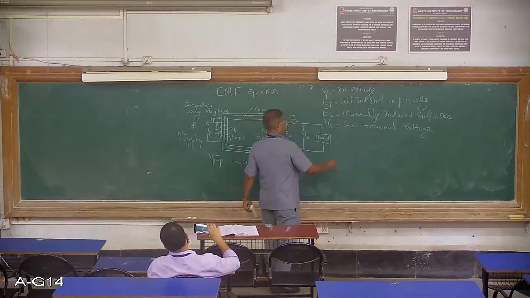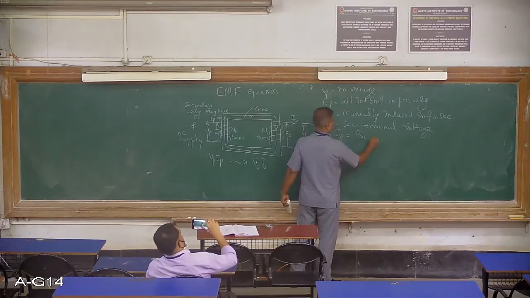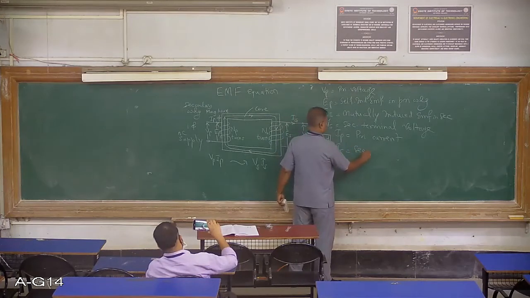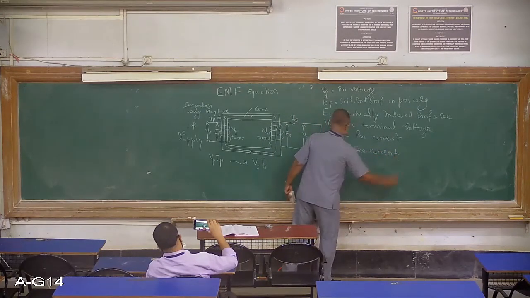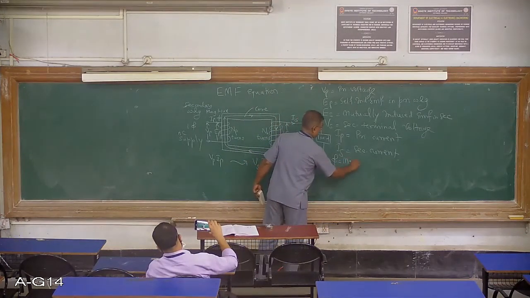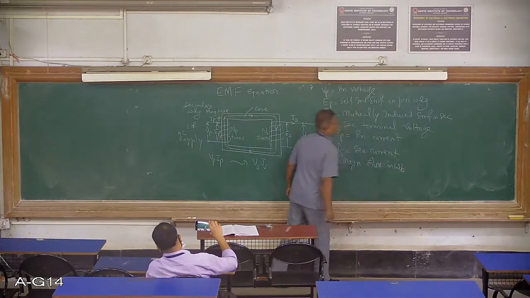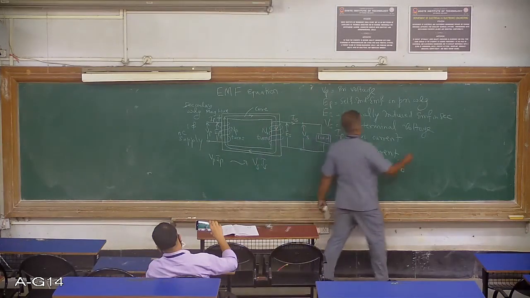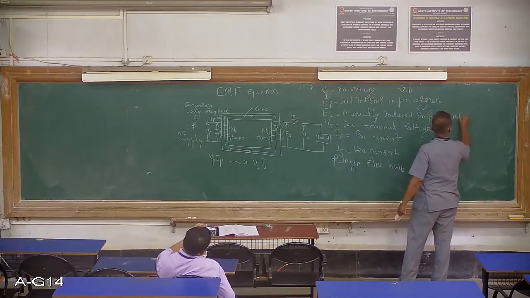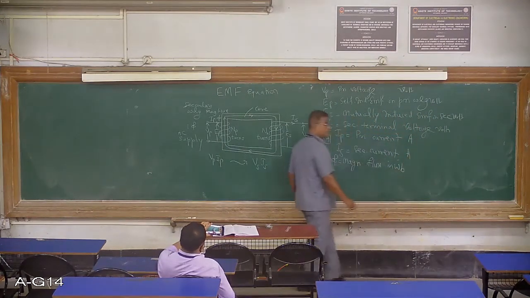Similarly, you can list down these symbols: Ip is the primary current, Is is the secondary current, phi is the magnetic flux in Webers. For our reference, all these voltages are in volts, current is in amperes, and flux is in Webers.